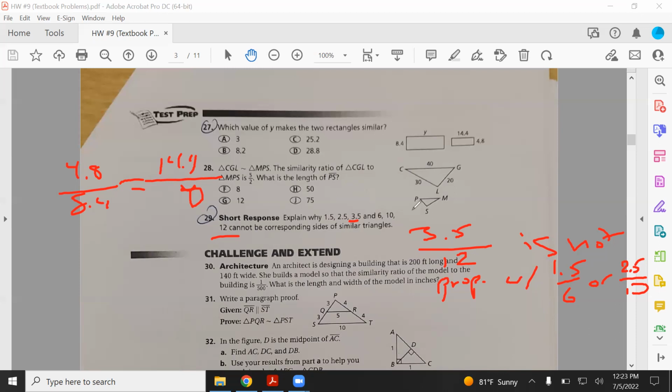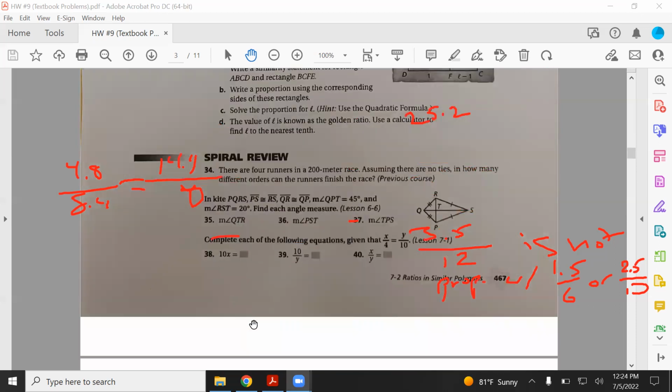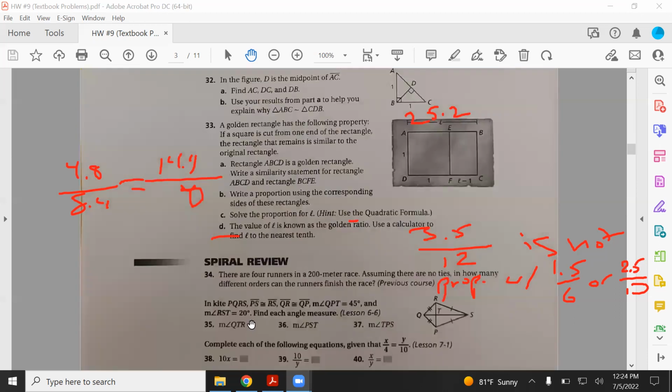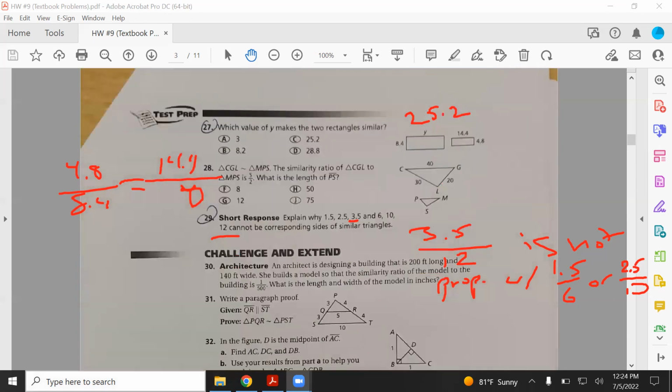You should get 25.2. So you got one set done. Keep working on the rest.